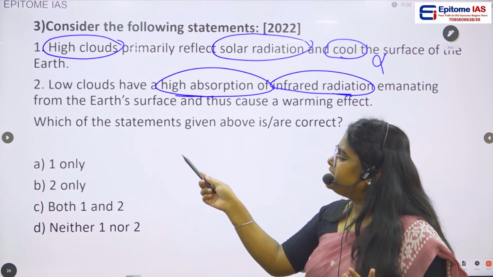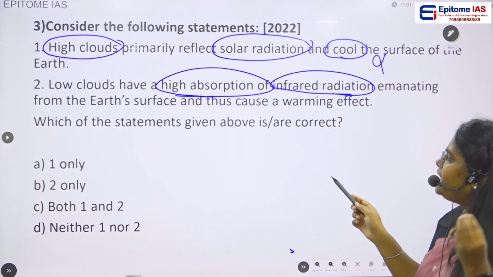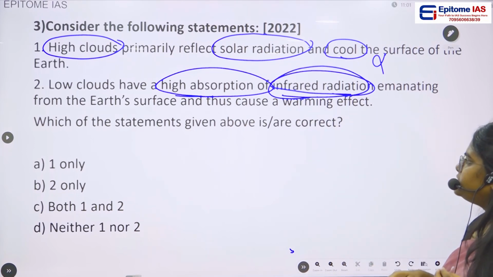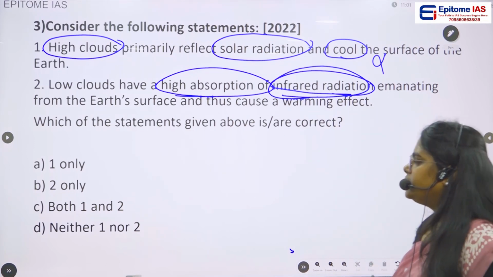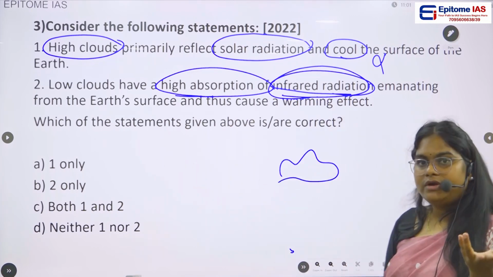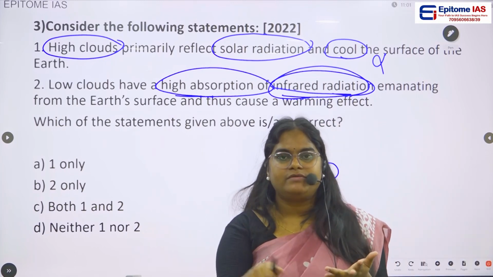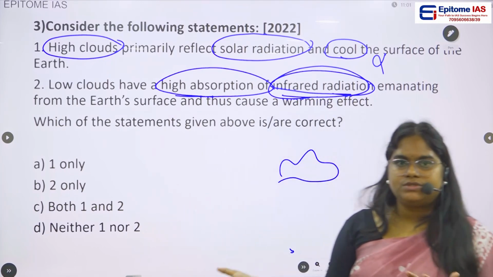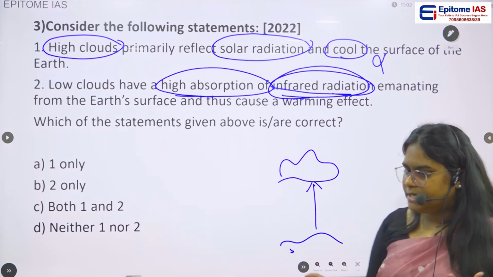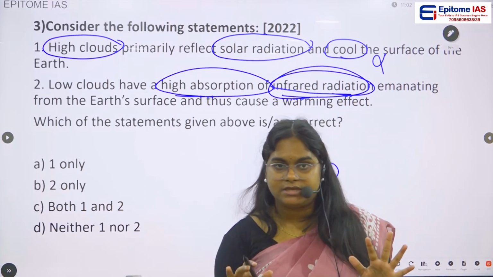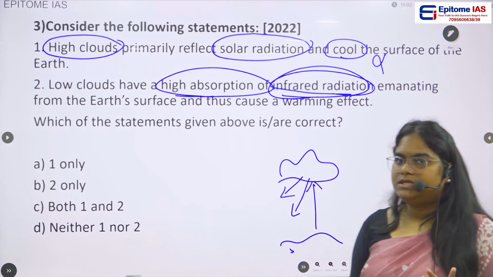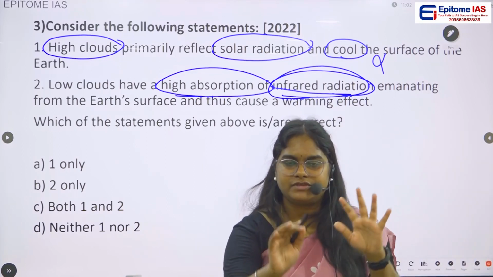Now statement 2 says that low clouds have high absorption of infrared radiation emanating from the earth's surface and thus cause a warming effect. Just like we saw in the previous question, greenhouse gases, water vapor, and clouds also absorb the outgoing terrestrial radiation, and after absorption, they re-emit this radiation back to the surface of the earth.